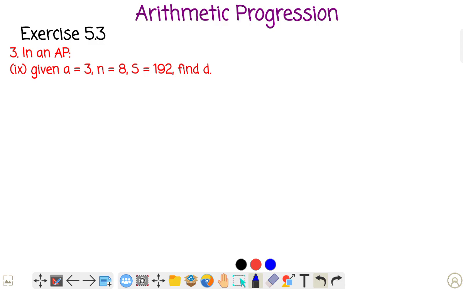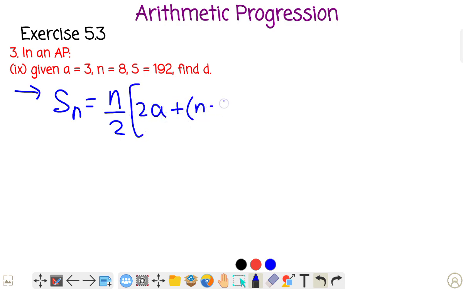Okay, here a value is given, n value is given, Sn value is given. You need to find out d value. So this is very simple. You just substitute all the given values in the Sn formula: n by 2 into 2a plus n minus 1 into d is equal to 192. So n value they have given as 8.